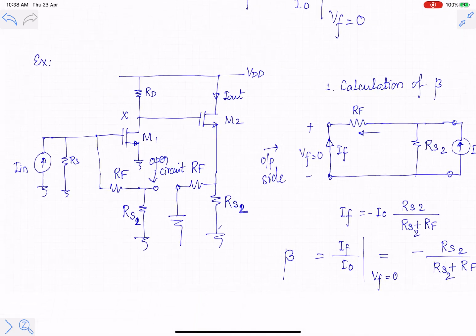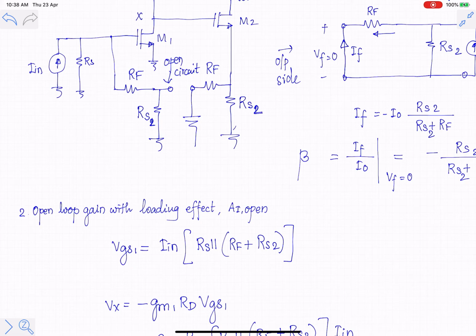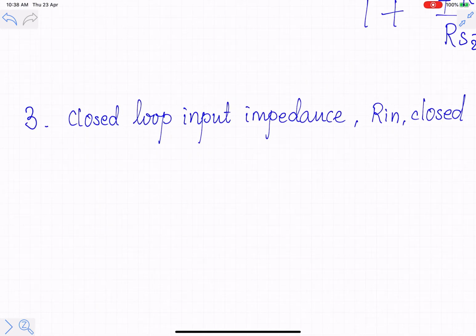So for a given circuit, you can see that the total input impedance with loading effect, if I include RS also, is RS parallel RF plus RS2. So Rin open, this is with loading effect, Rin open is equal to RS parallel RF plus RS2.